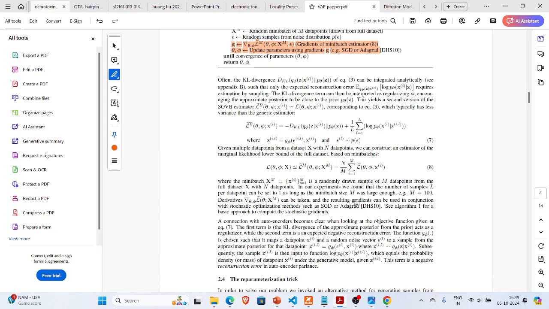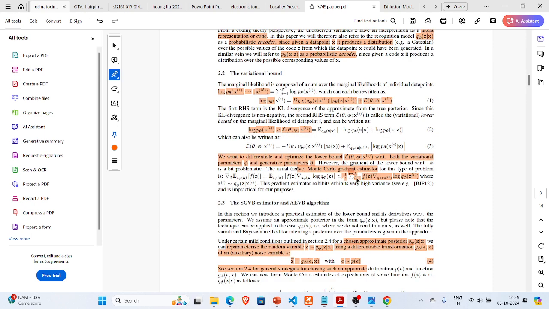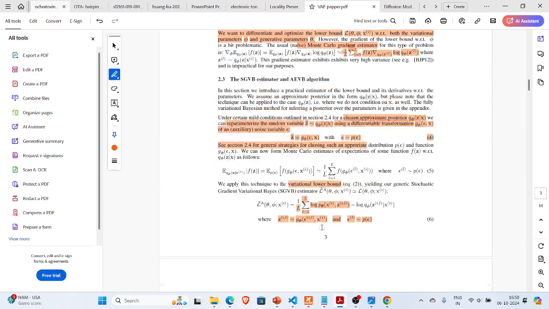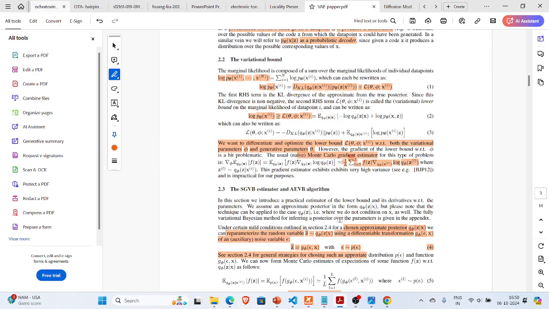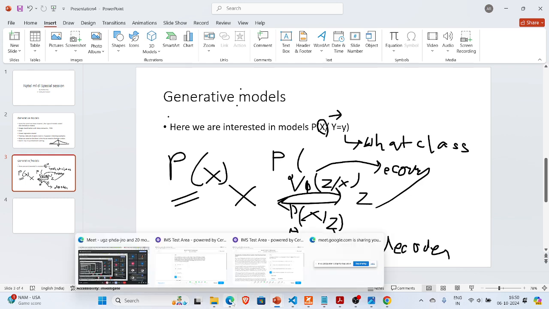So with this they can estimate this lower bound, and this lower bound, as you can see, is the lower bound on this one. With that we can get the parameters theta and phi, and with the parameter theta we can generate new values of x, because you can see theta is the parameter of the decoder. So we get theta, we can generate new values of x.